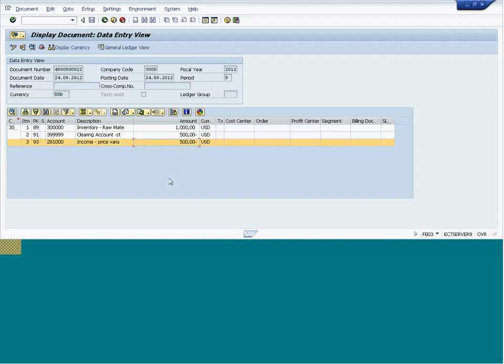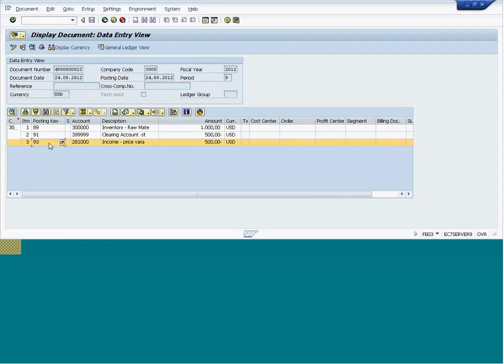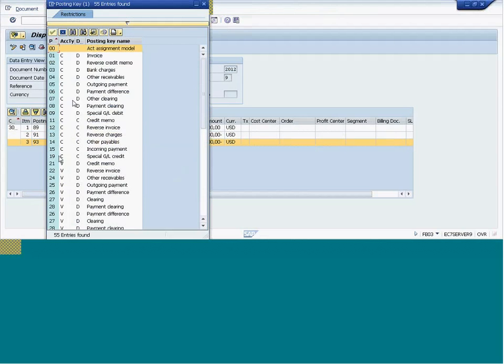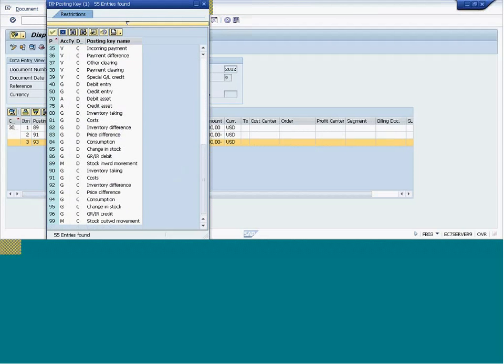Raghu, what is this posting key 93 representing? Posting key, don't worry. I think it's a credit for a GL account. You see the price differences. Okay, general ledger credit, price difference.